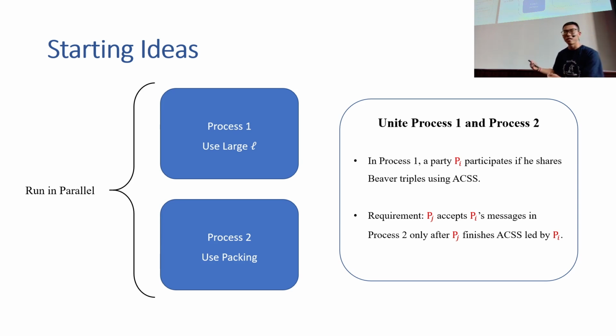In the second process, we require that a party Pj accepts messages from Pi only if Pj has already finished the ACSS protocol led by Pi in the first process. Now you can see if the party Pi does not participate in the first process, then no Pj will accept his message in the second process. And this is equivalent to that in the second process, Pi does not participate.